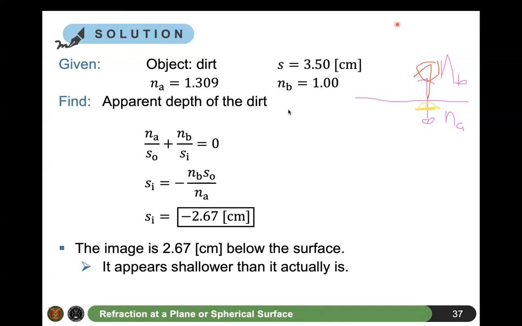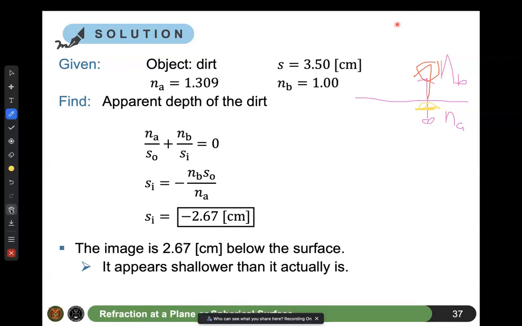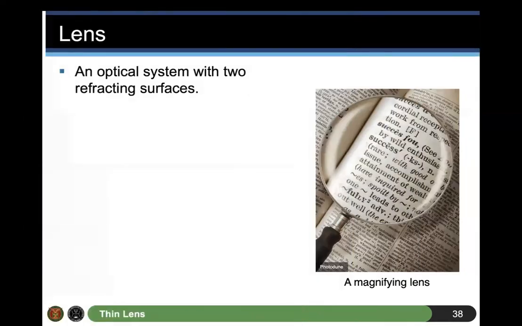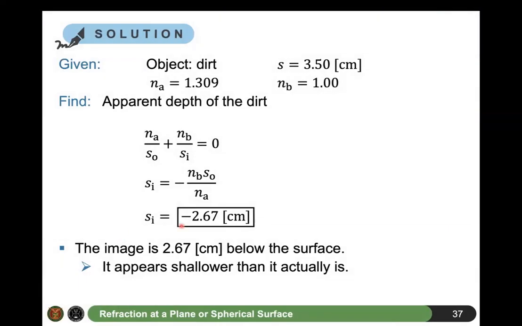So same case dun sa fish na gusto nating i-spear dun sa dati nating example. Question so far? So yun yung reflection and refraction through any surface, planar or spherical surface.